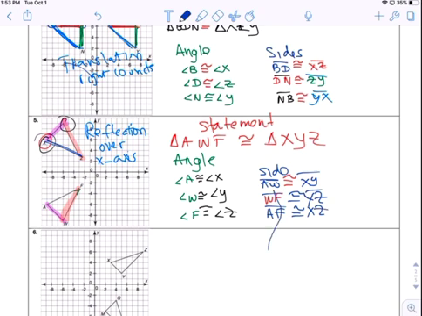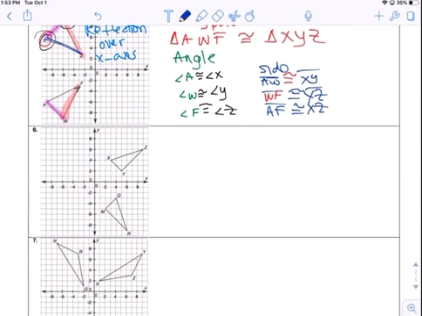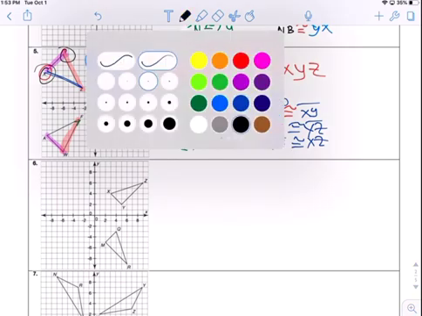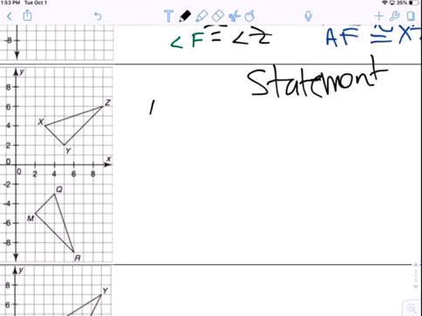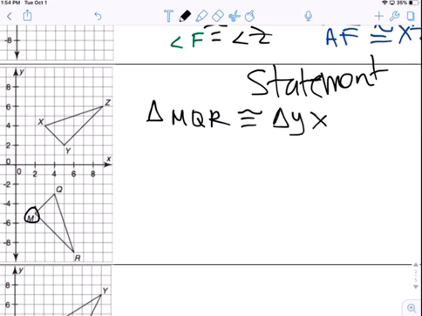Okay, do the same on the next one. Write down your statement, stating that the two triangles are congruent. Triangle MQR is congruent to triangle YXZ.